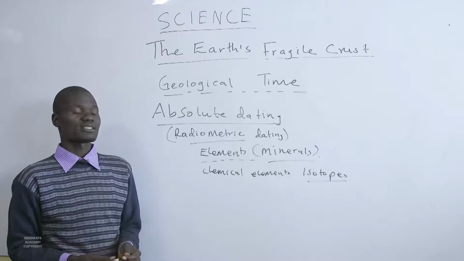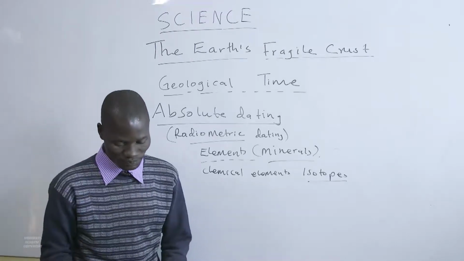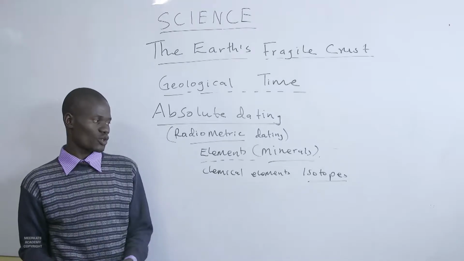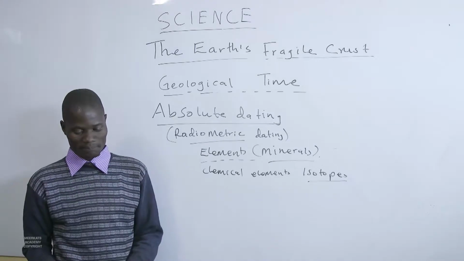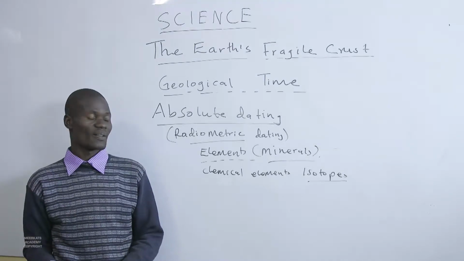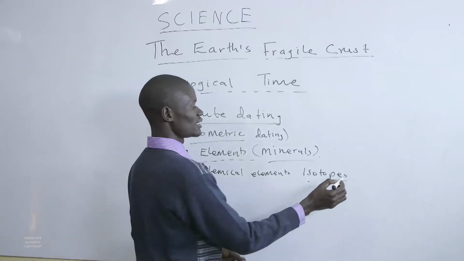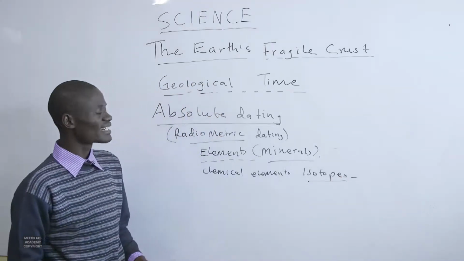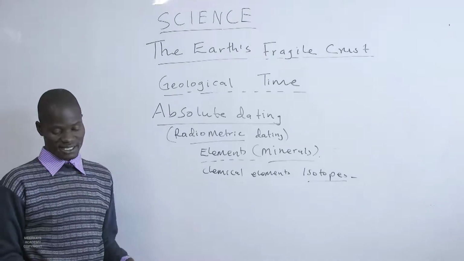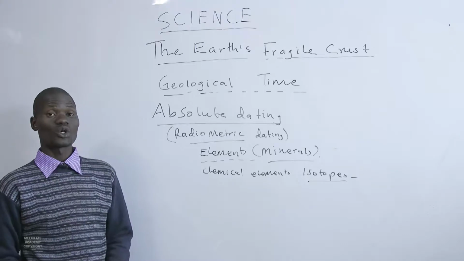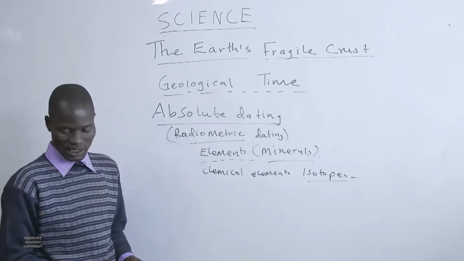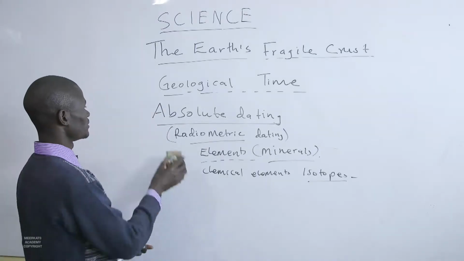The chemical elements that are referred to as isotopes, when we look at them over a period of time, most of them break down at a constant rate. When we study these isotopes closely, they break down at a very constant rate. That rate is what we call radioactive decay.